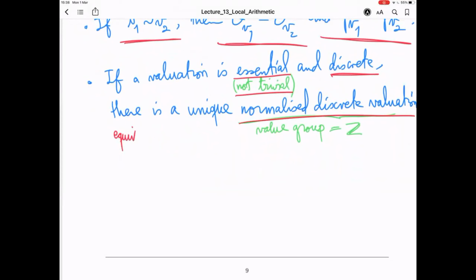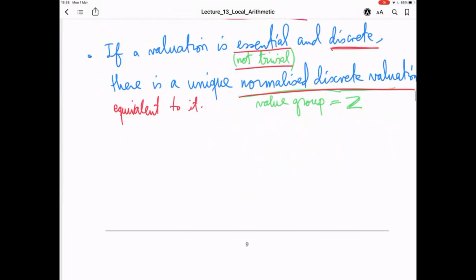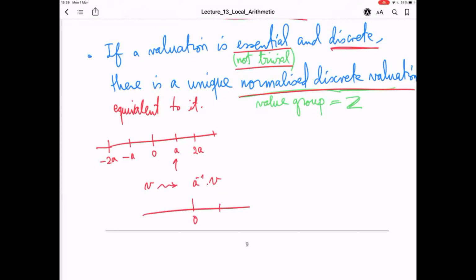Because the value group is going to be multiples of some strictly positive real number A, and if I replace V by A inverse times V, then the value group is going to be 0, 1, 2, minus 1, minus 2.